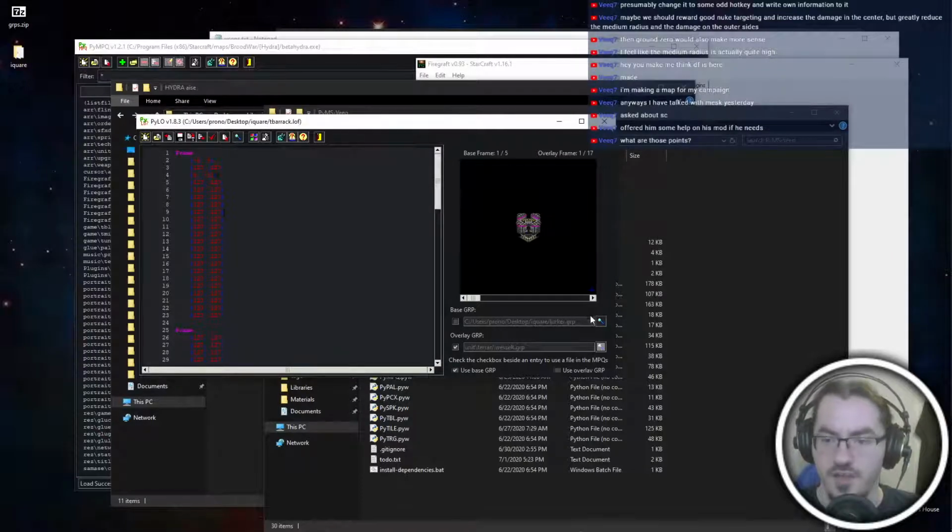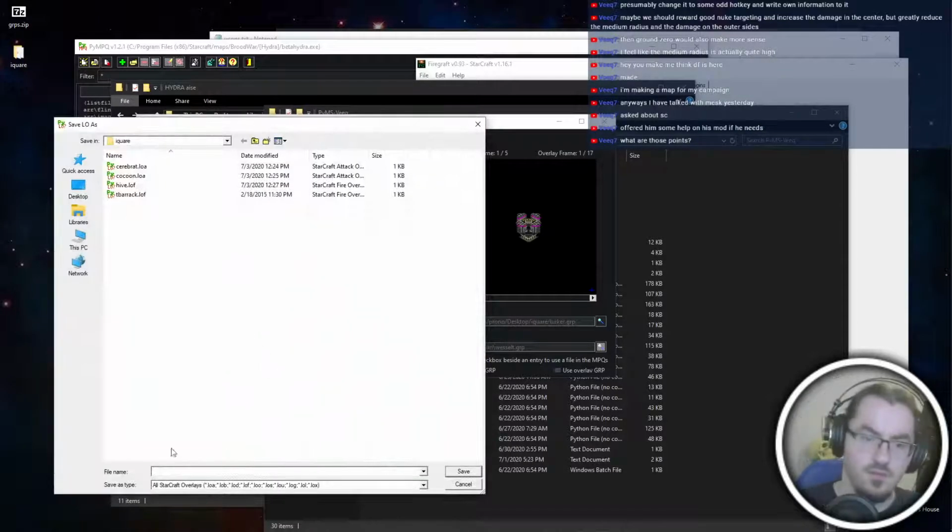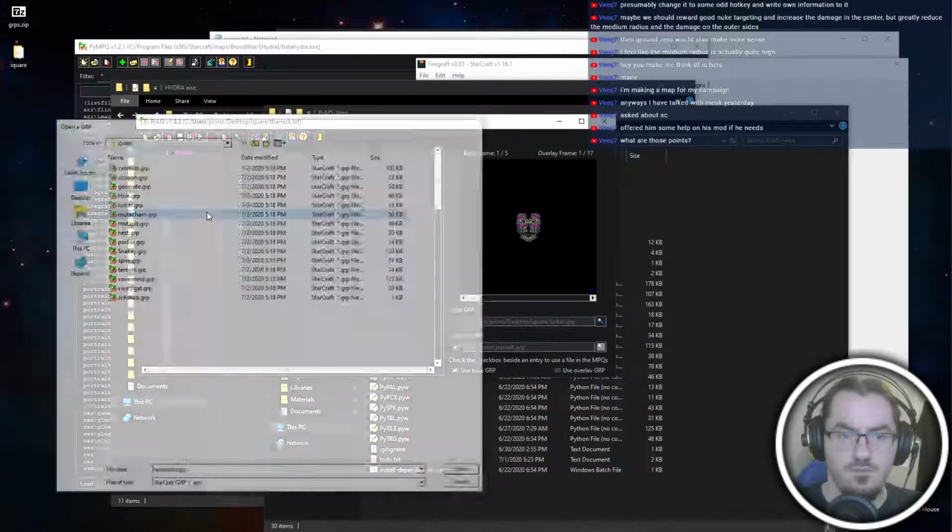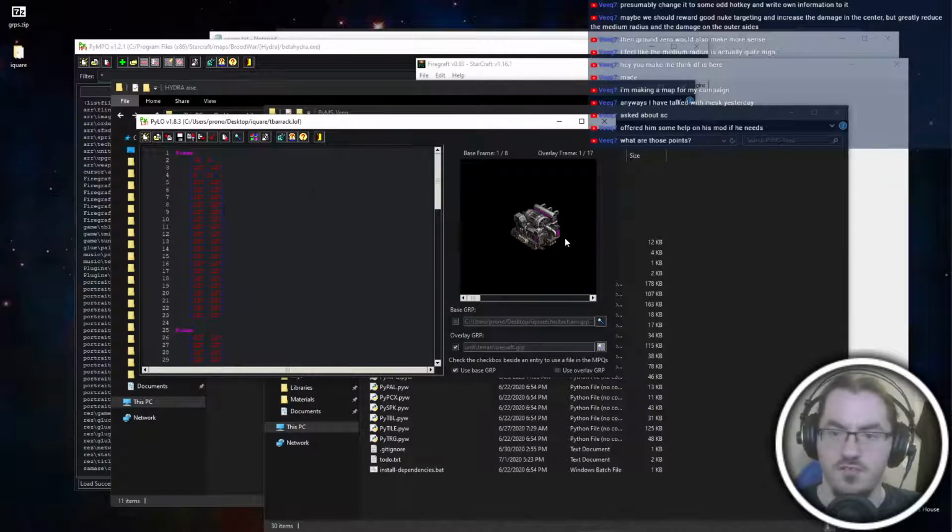These are where the overlay will spawn, the damage overlay. I'm putting this stuff together for iquare.